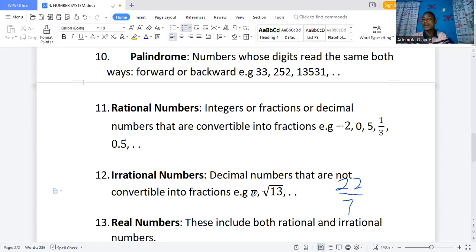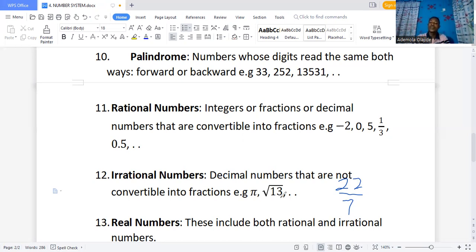Pi is a non-terminating decimal, and this decimal does not take a predictable order in its recurrence. Therefore, we see it as an irrational number. As a whole, it cannot be converted into a fraction. So we just make use of 22/7 as the fraction that is nearest to the value of the decimal that pi assumes.